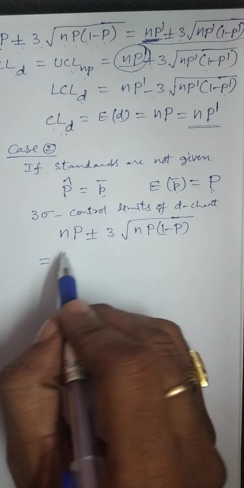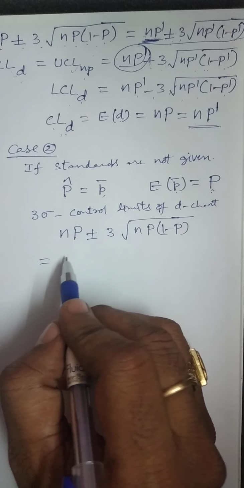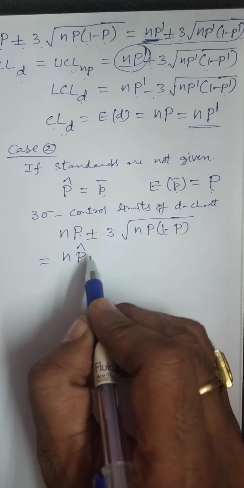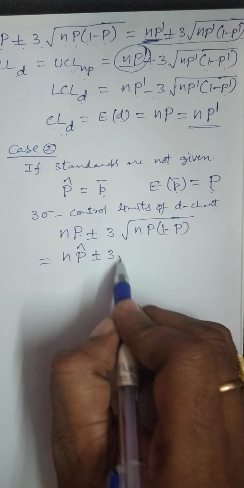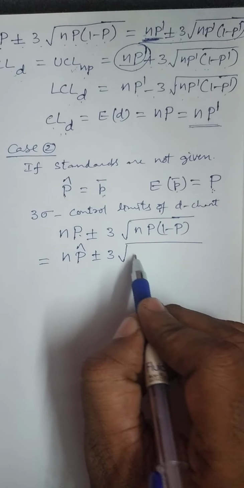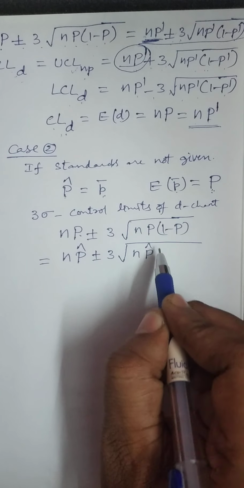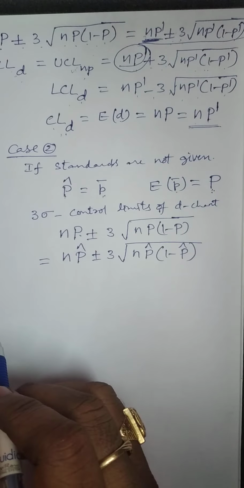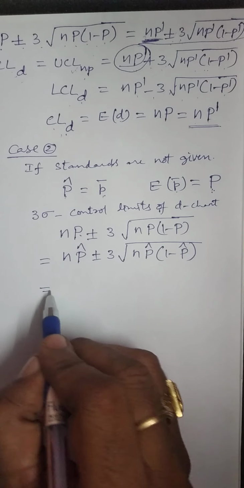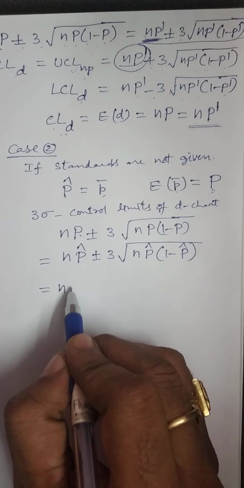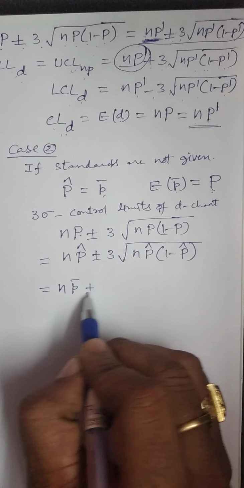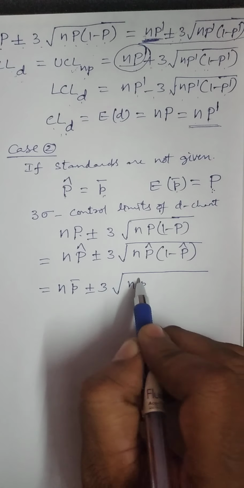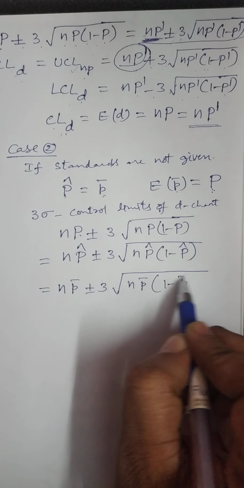So, how to replace the formula? P is not known. Therefore, you have to write N P cron plus or minus 3 into square root of N into P cron into 1 minus P cron, which is going to be estimated. So, now you simply substitute the value. P cron is small p bar.